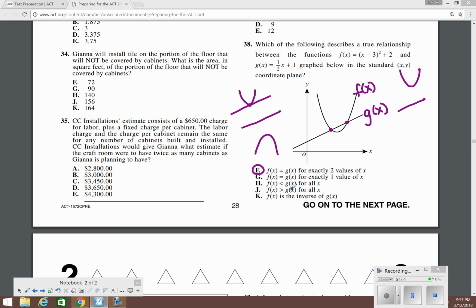And then f of x is the inverse of g of x is something you see for the first time probably in Algebra 2. When they're inverses of each other, they are flipped across the line y equals x. And so in this case, one of them being a parabola and one of them being a line, they can't be inverses of each other. And so F would be our correct solution for number 38.